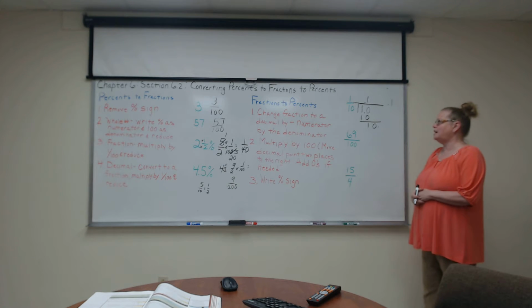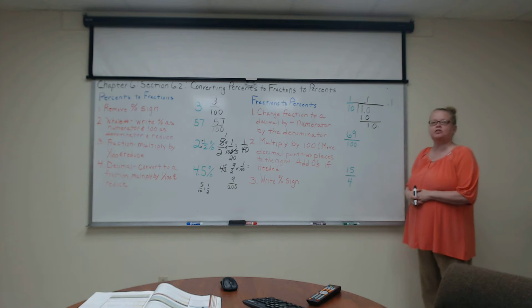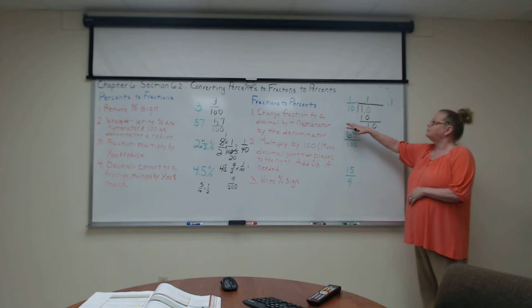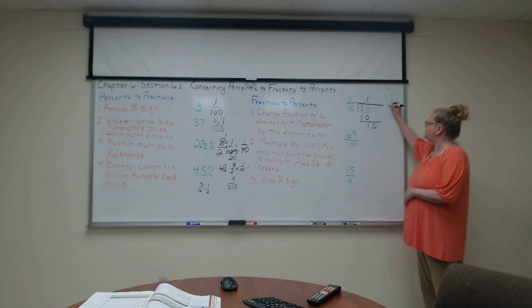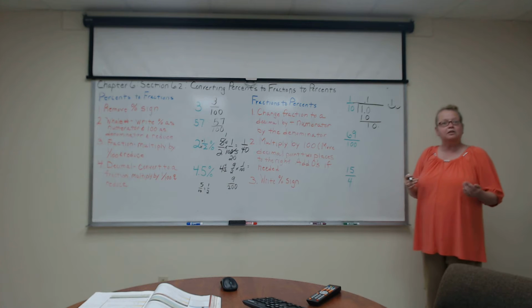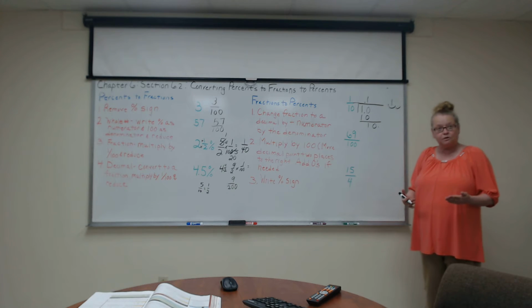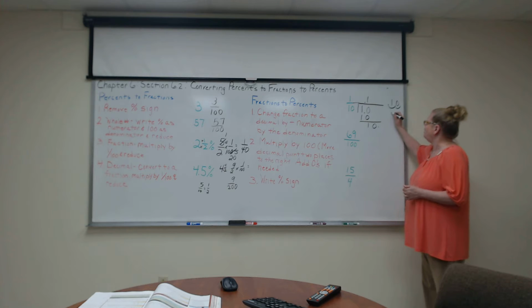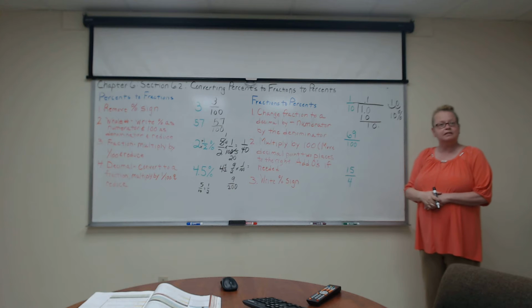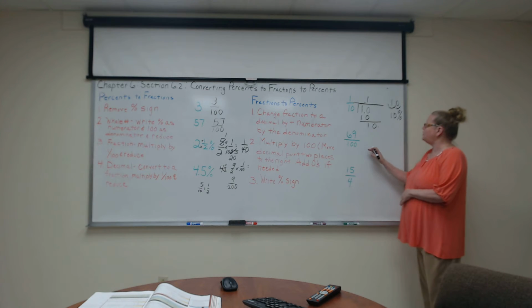Then we multiply it by 100 by moving the decimal 2 places to the right. We go 1, 2, but we don't have another 0 there, so we add our 0 here, and our answer becomes 10. We add our percent sign, and it's 10%.